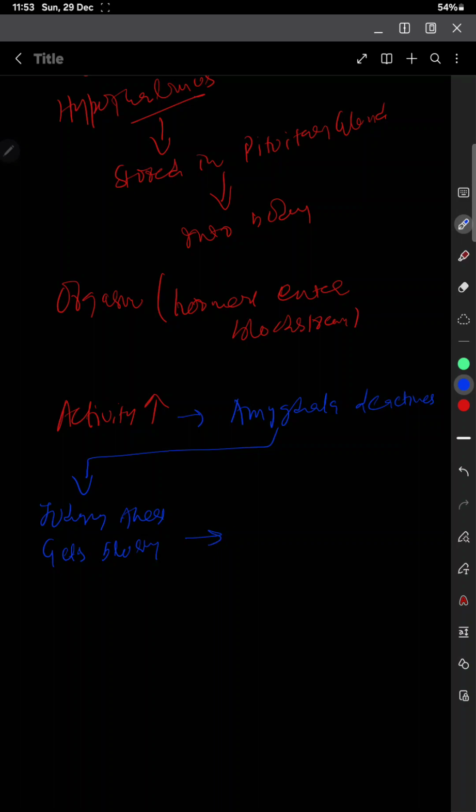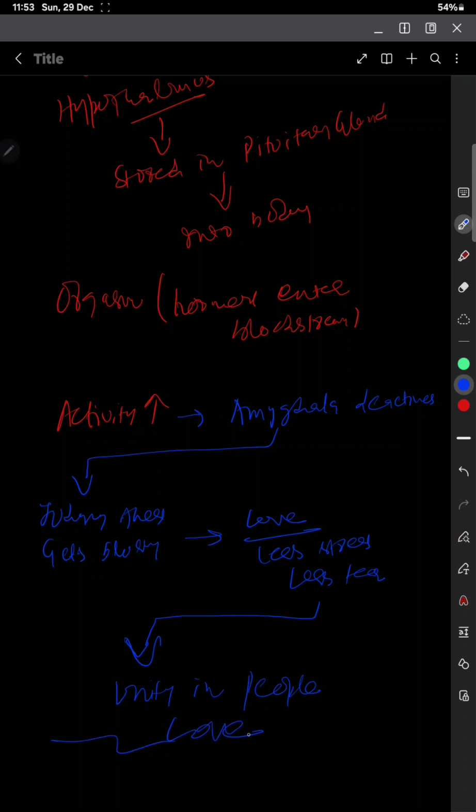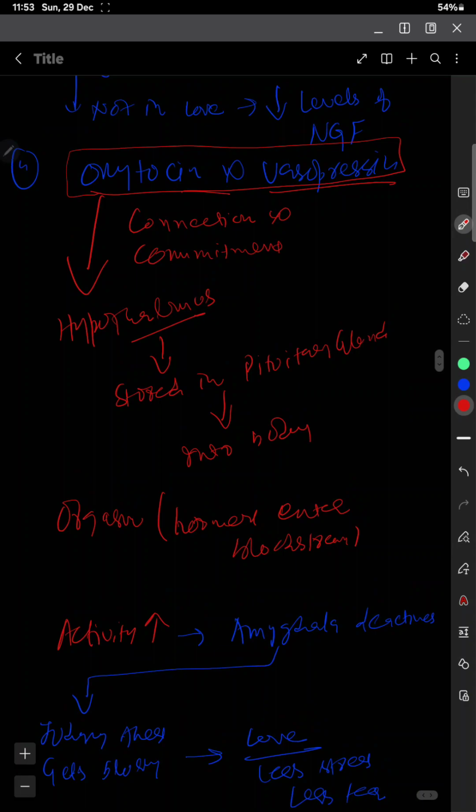The person in love feels less stress and less fear, and this results in an overall feeling of unity between people in love. This is all because of these two hormones, which we also call the love hormones, oxytocin and vasopressin.